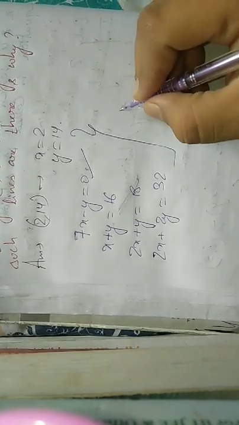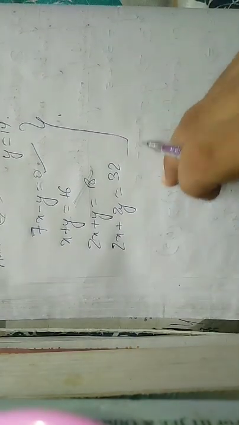Right? So there are infinite number of lines, many lines. You keep on multiplying the values of x and y, and you will keep getting lines, and there is no end to it, right?